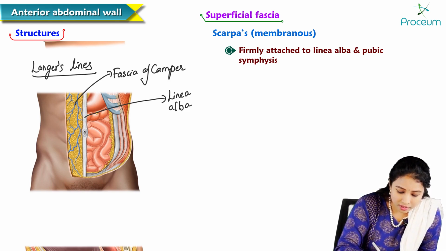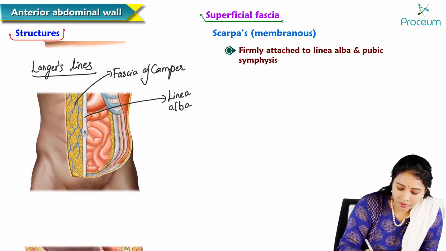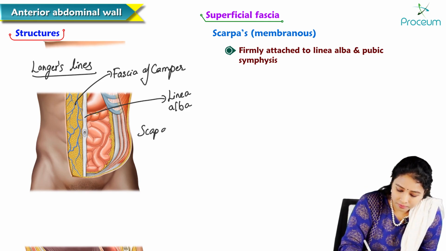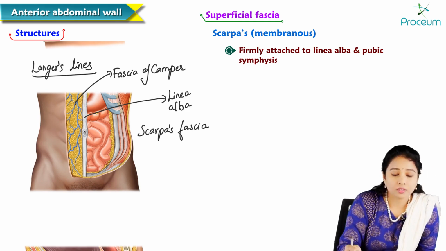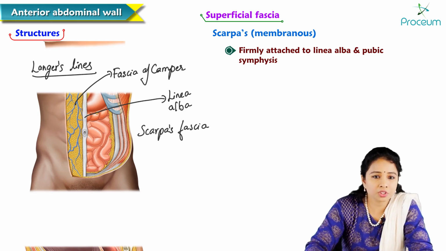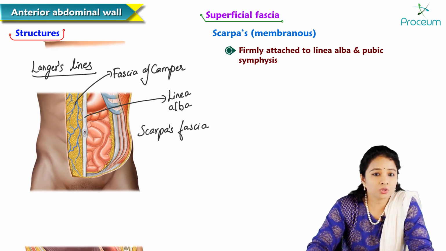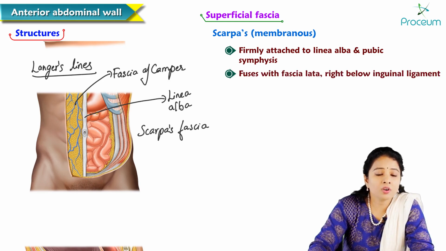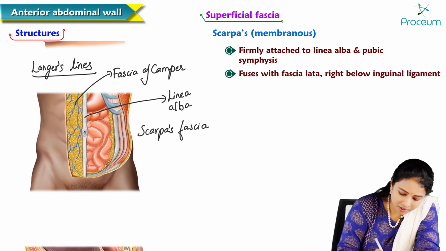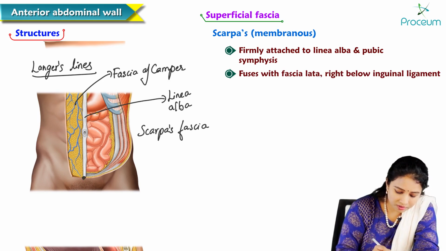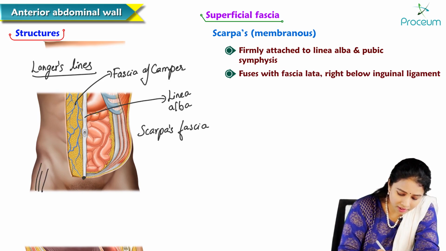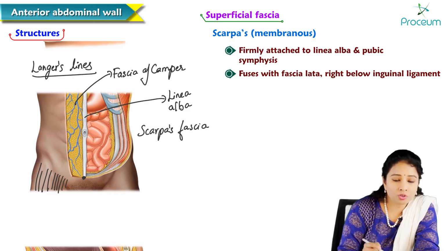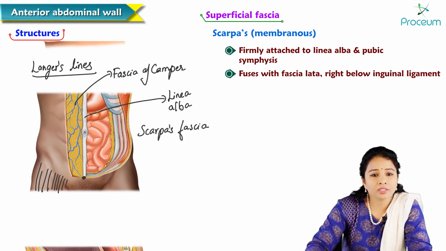So Scarpa's fascia, or membranous fascia, is firmly attached to the linea alba and pubic symphysis and fuses with the fascia lata or the deep fascia of the thigh. So it firmly attaches here below to the pubic symphysis and further continues in the thigh as the deep fascia of the thigh, which is called fascia lata, and it continues right below the inguinal ligament as fascia lata.